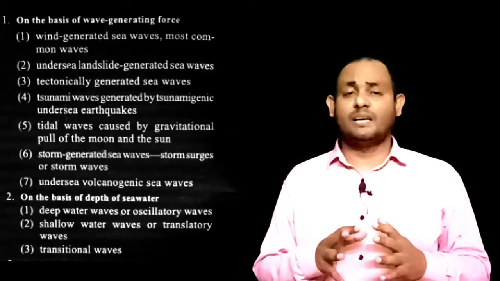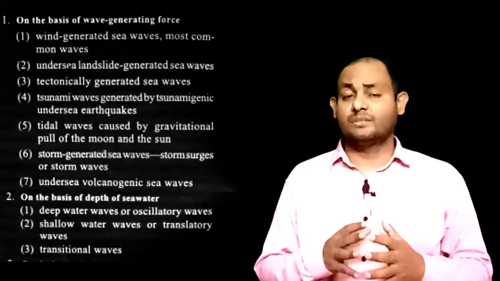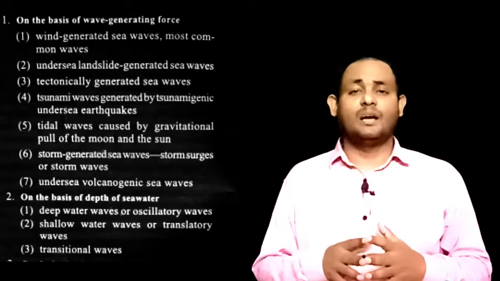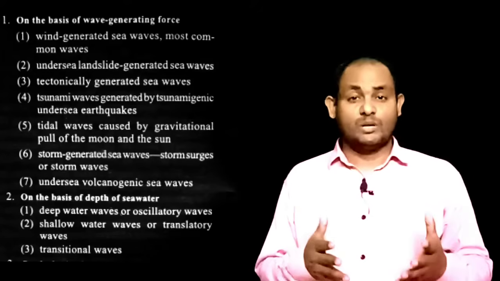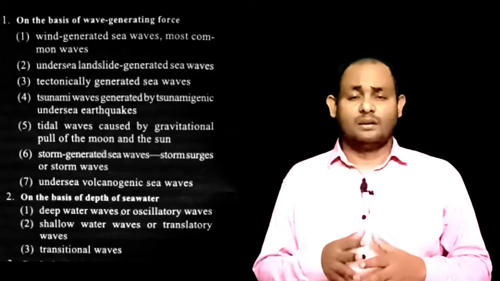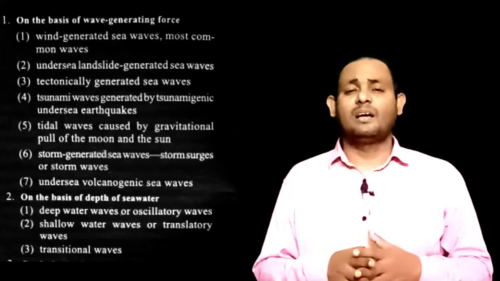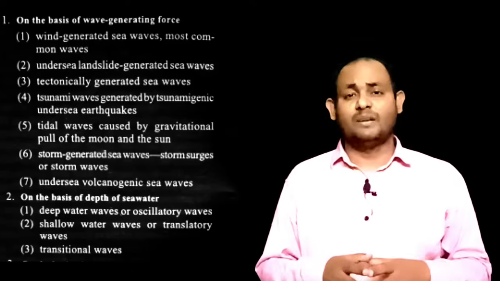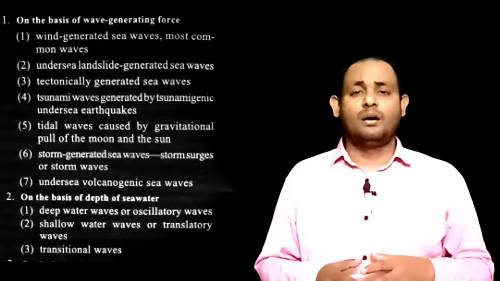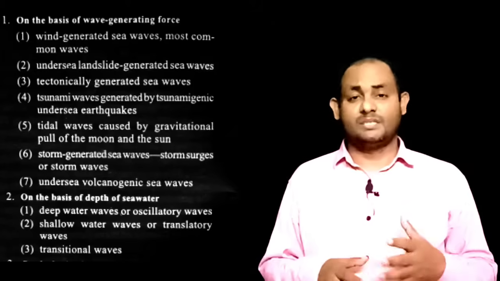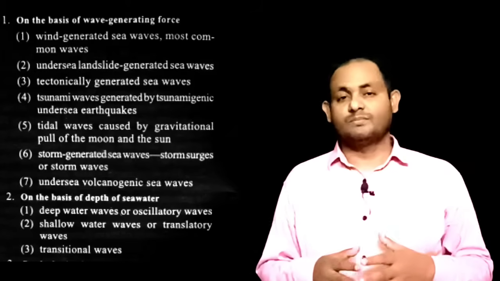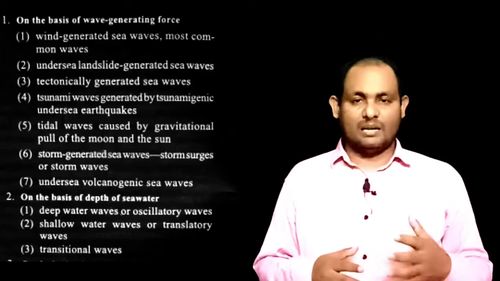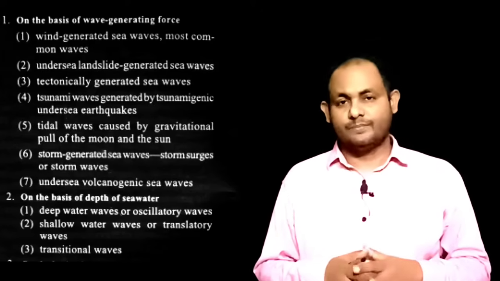Undersea, there are landslide generated sea waves, tectonically generated sea waves, and tsunami waves generated by tsunamigenic undersea earthquakes. Number five, tidal waves caused by the gravitational pull of the moon and the sun. Number six, storm generated sea waves and storm surges or storm waves. And number seven, undersea volcanic sea waves.